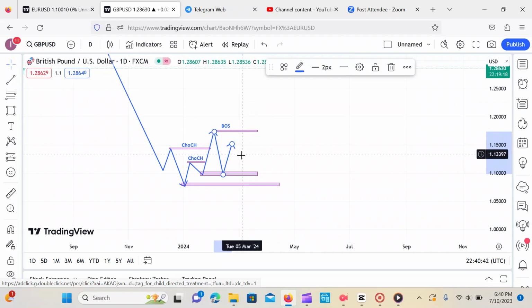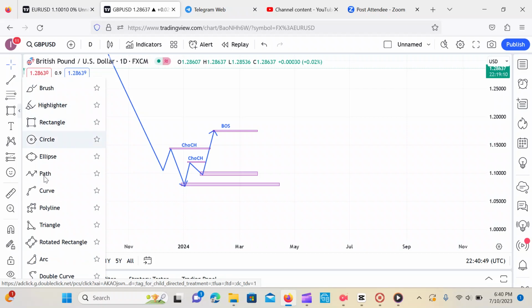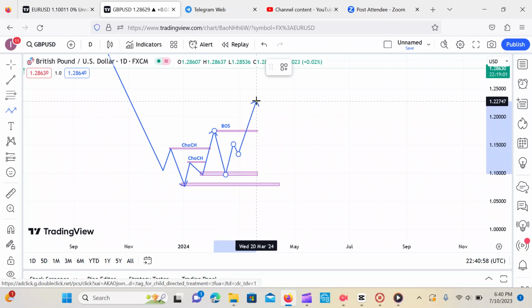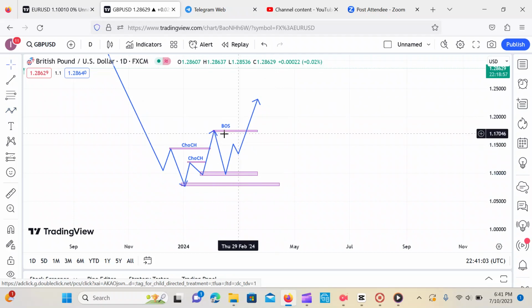before the continuation. If there's something like that, then definitely, let me quickly take this out first and make it so that you understand what I'm saying. You buy here and price was going up, we had a push down a bit before this break of structure. Now price has broken this structure.